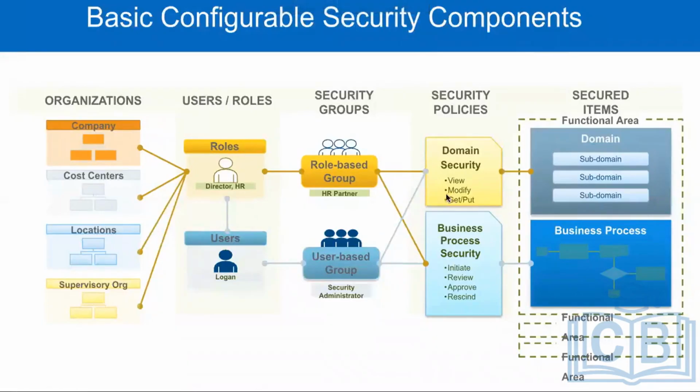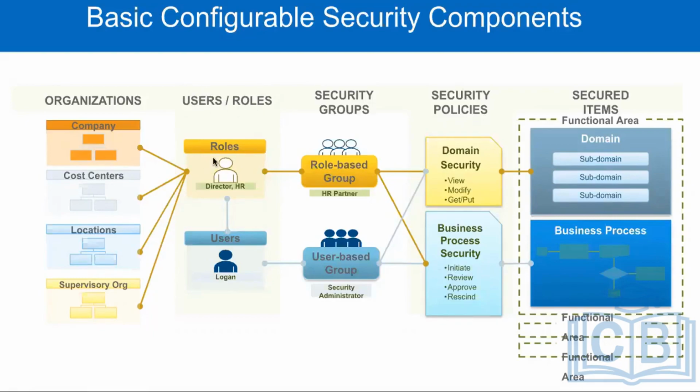Now, if I go back after finishing all the security concepts, like I said initially, until the time we understand, we go from left to right. Now, if I go from left to right, each of you should be able to relate everything that we discussed. On the left-hand side, you have these types of organization: company, cost center, location, or supervisor. The next part is users and roles.